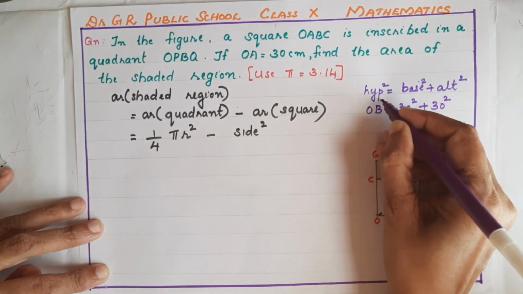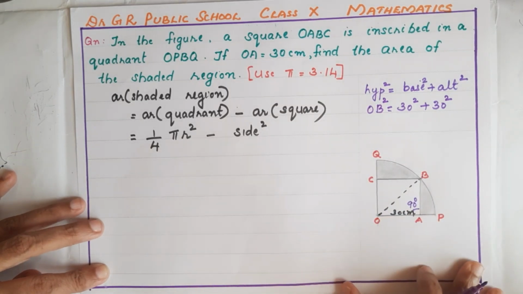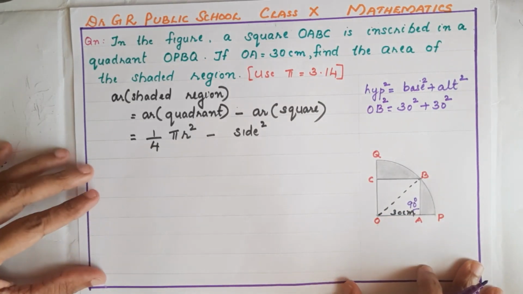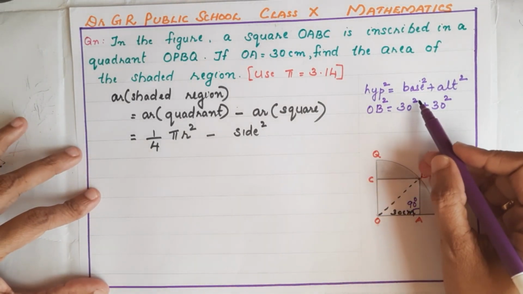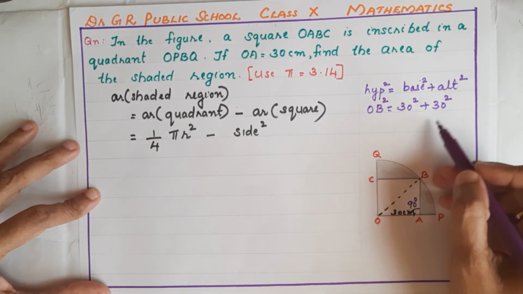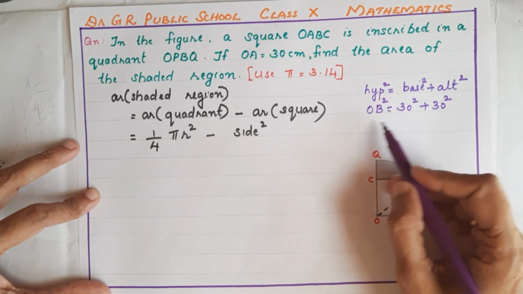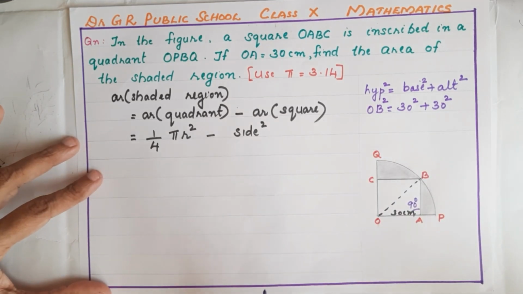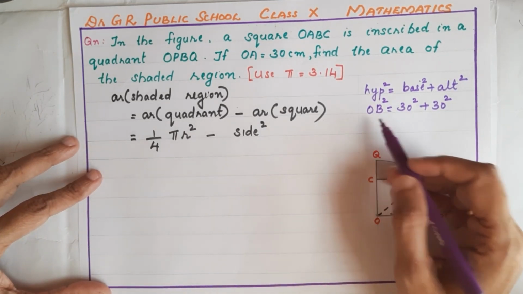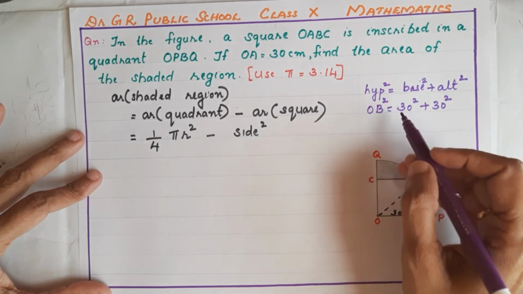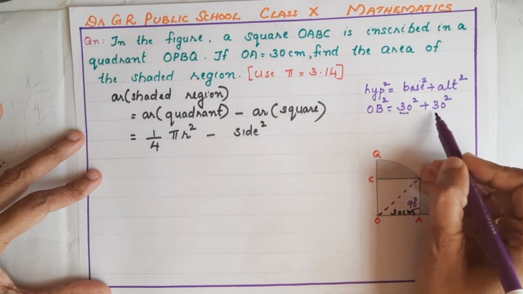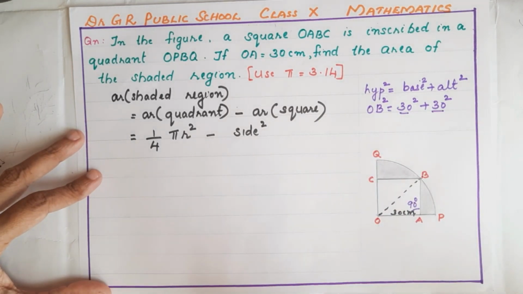OB square is equal to 30 square plus 30 square. So normally we will find out 30 square is 900 plus 900. We will continue like this to find out OB. Okay. But we can do this in another way. See, here we have 2 times of 30 square. Isn't it?